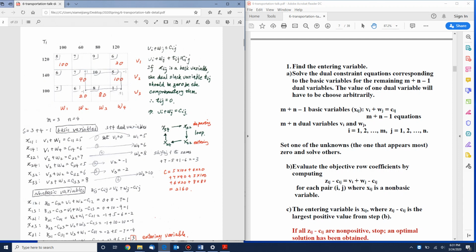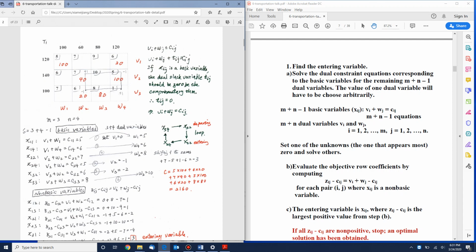So once we calculate all the values, we go to step 3, step C. Step C says that the entering variable is xij, where zij minus cij is the largest positive value from step B. So when we calculate all the zij minus cij for those non-basic variables, we just compare them.